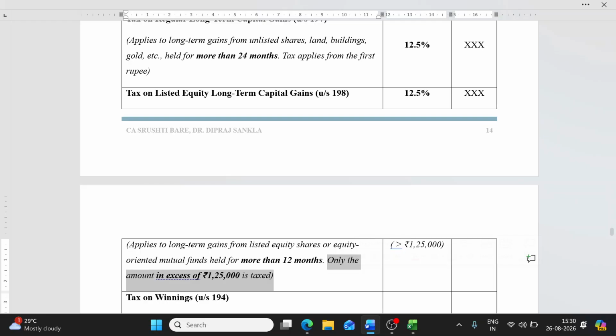It means any long-term capital gain on listed equity share that is less than the exemption limit, that is rupees 1,25,000, is tax free. But if there is income in excess of 1,25,000, then only that portion is taxable at the rate of 12.5 percent.